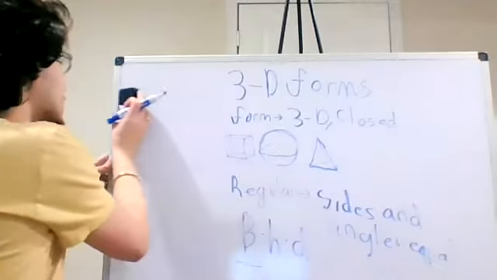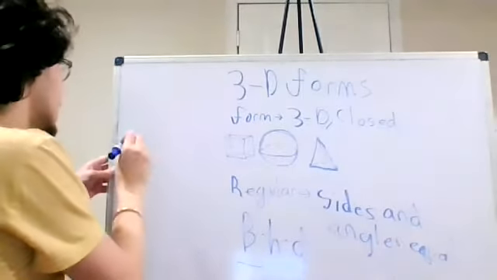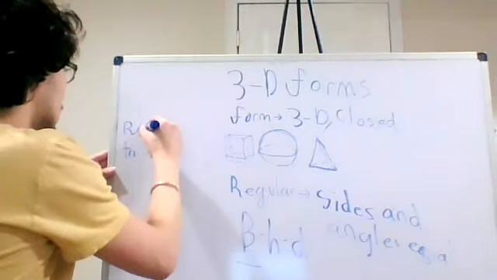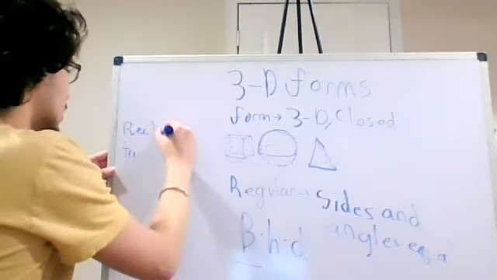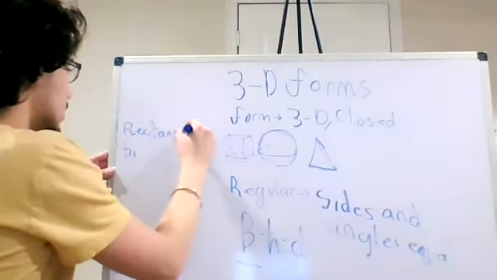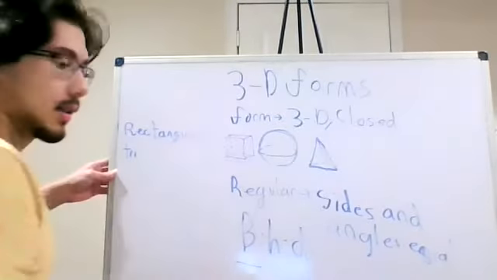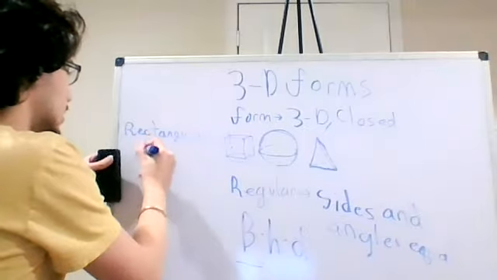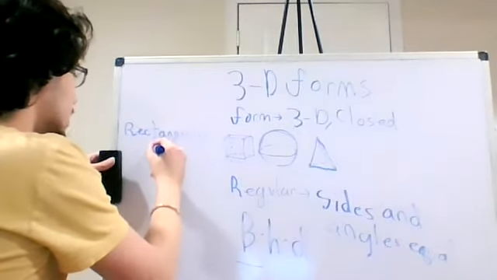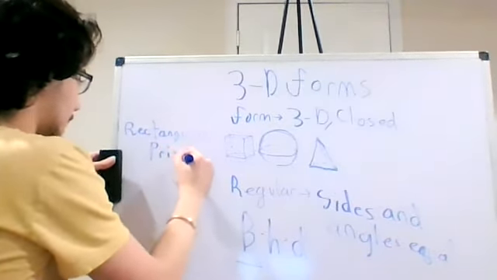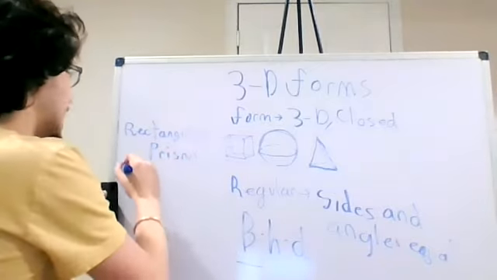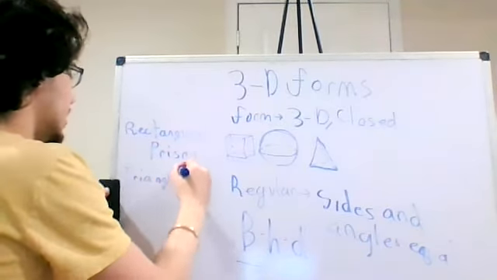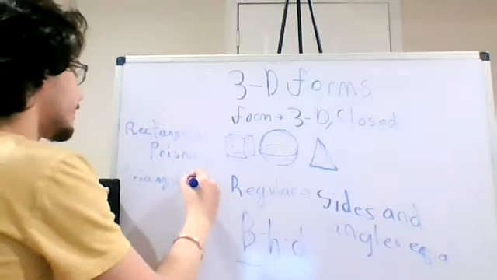So instead of square, we want to say rectangular. So rectangular, we will put prism. And for triangular, we put pyramid.